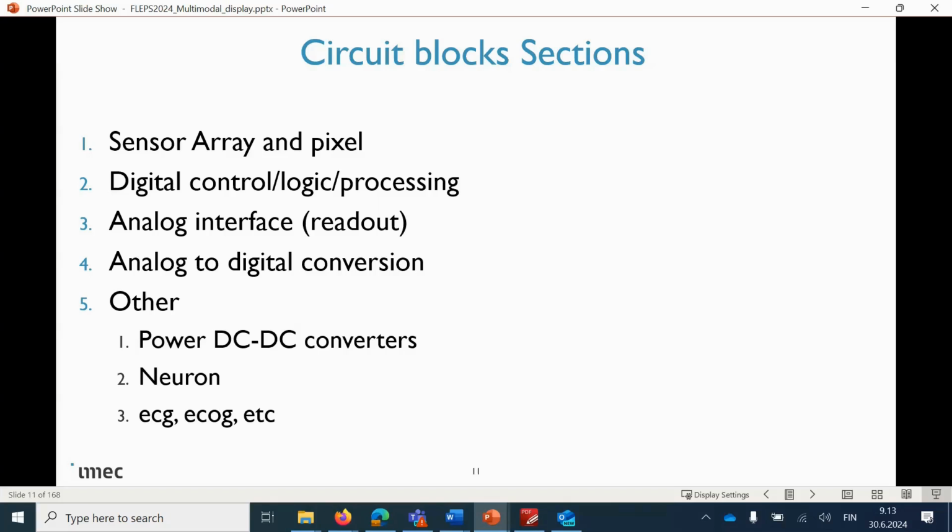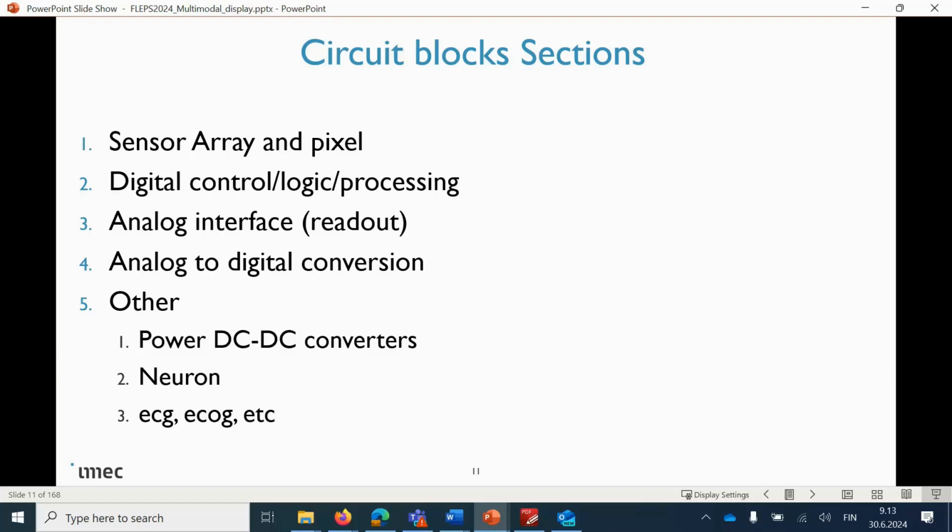Then we will go more to the analog world. We will go to the analog interface, the parts, the blocks of circuit that are more in touch with the sensors, and do the readout. And then we will go also to analog digital conversion to bridge the gap between the analog world and the digital world.